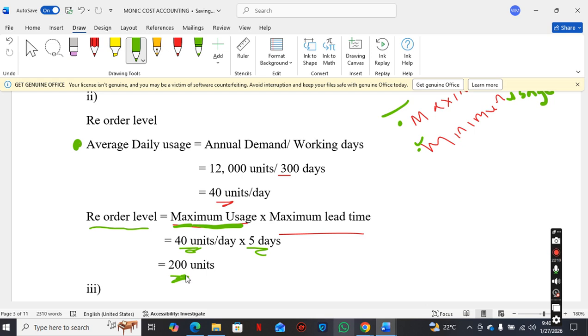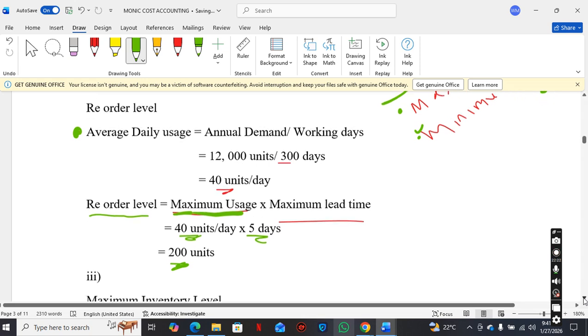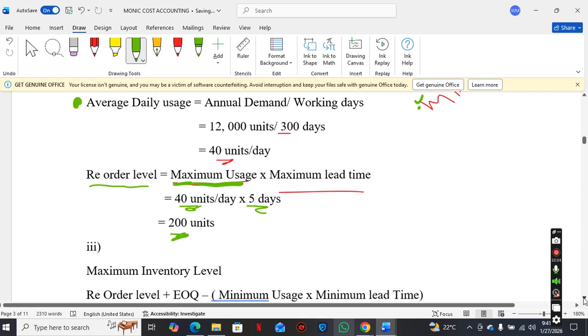Will this formula be given? No, they never give this formula for this reorder level, and they don't give these ones. So, sir, this means, according to the question, when the unit reach 200, meaning that we need to start looking for money to make other orders, right?